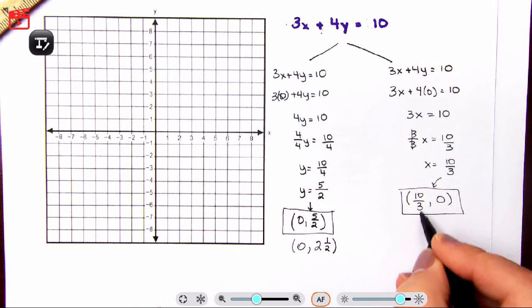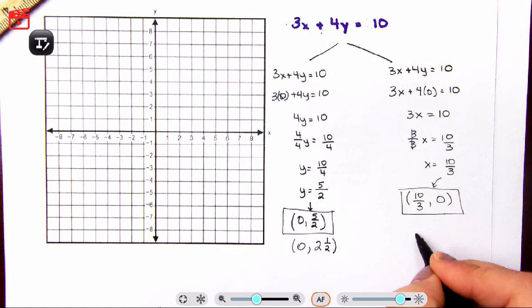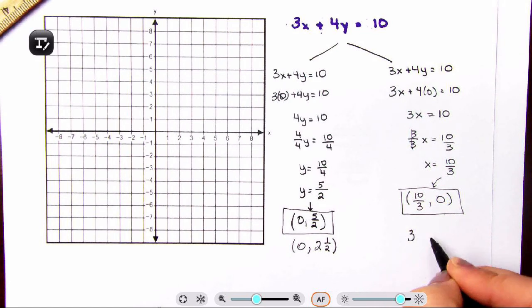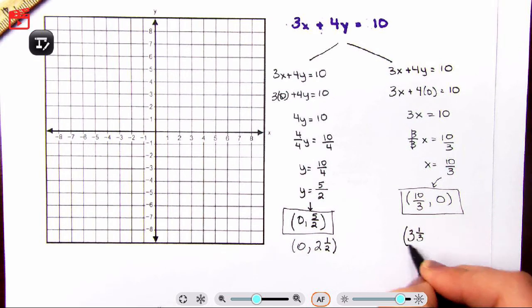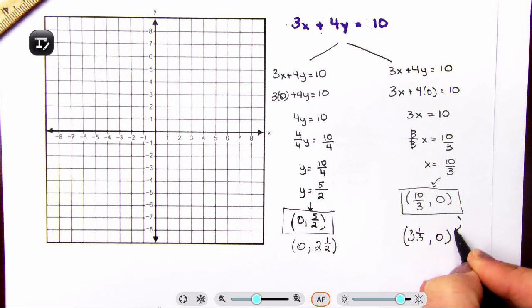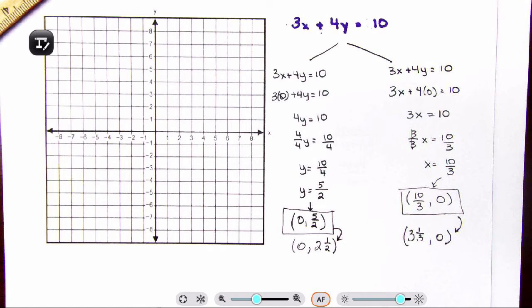Then we have here, 3 times what is 10? Well, I know that 3 times 3 is 9, plus 1 more is 10. So now that we have this as a mixed number, we can do 2 and 1/2.